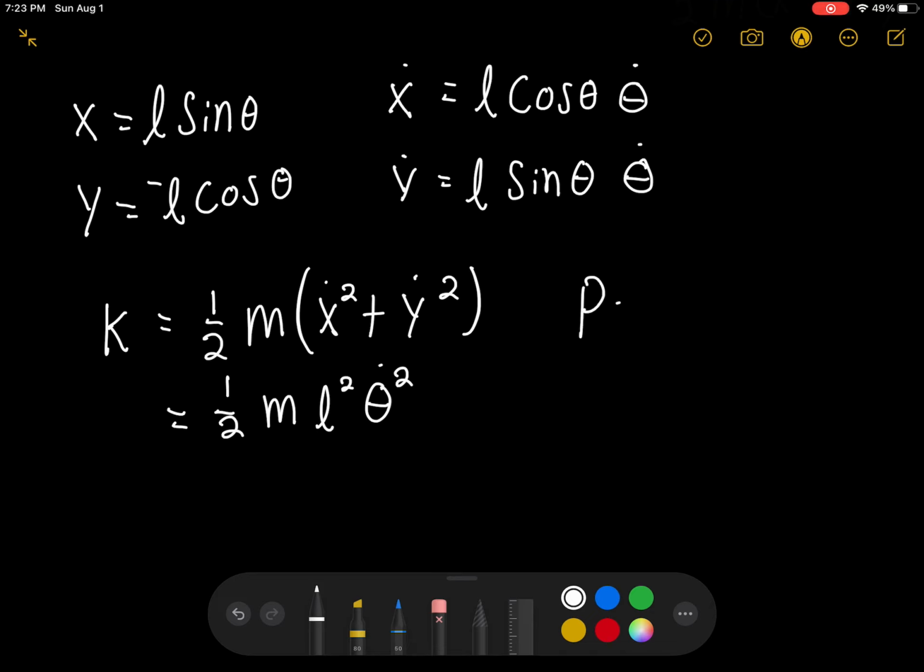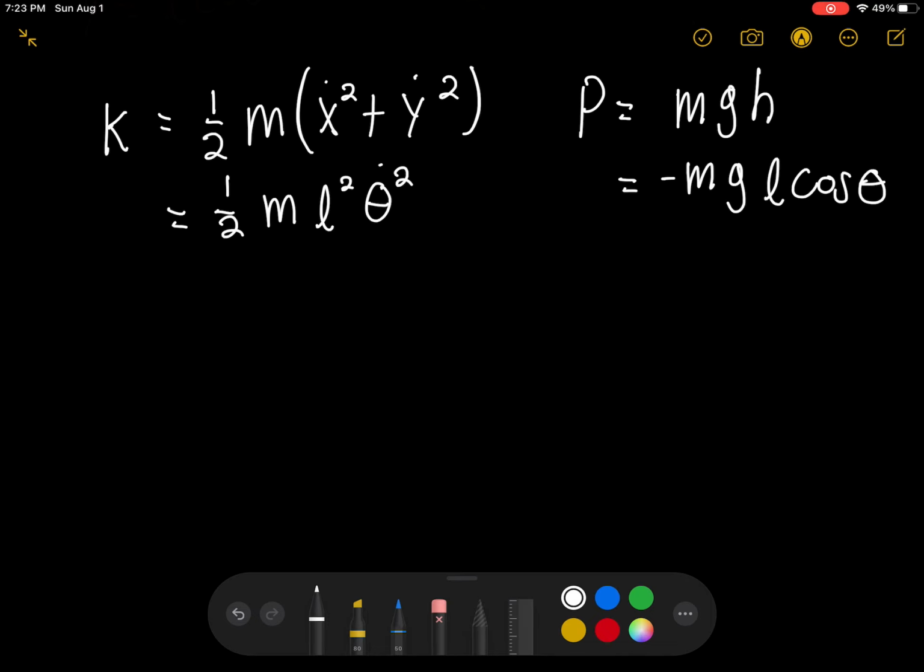And finally, our potential energy is going to be mgh, and that is just negative mgL cosine theta, because h is just y. Alrighty, now we have everything to find out our Lagrangian. Our Lagrangian is just this little guy.